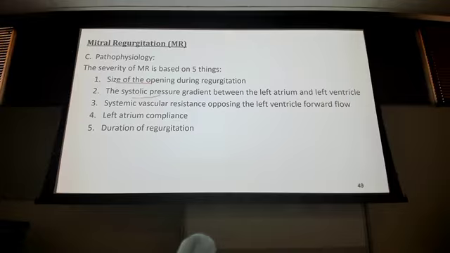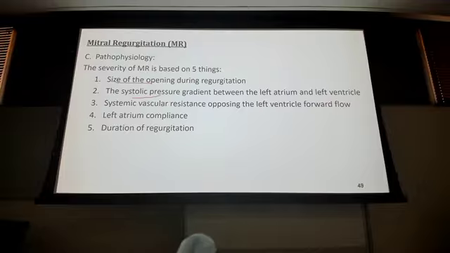What's the systolic pressure gradient between the left atrium and the left ventricle? If left ventricle pressure is 100 and the pressure in the atria is 1, you have that delta of 99 millimeters of mercury. Does it make sense? The path of least resistance is to flow from the left ventricle into the left atrium because of that pressure differential, right?